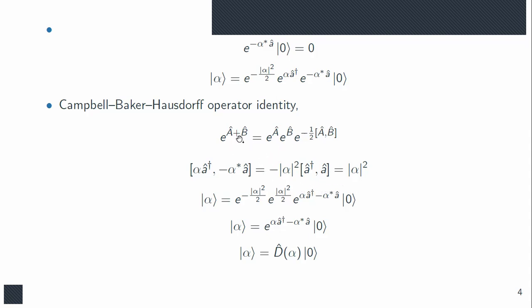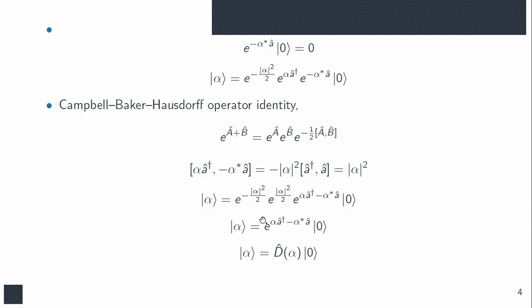Putting these values in place of A and B, we could write a coherent state in terms of a single operator and the vacuum state. These two exponentials are just constants, and they are going to cancel each other because they have opposite signs.